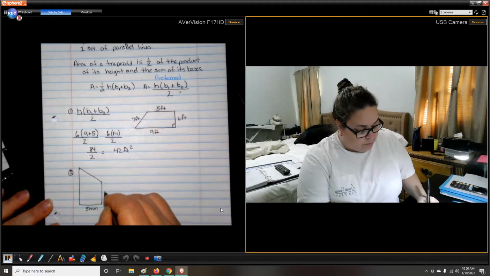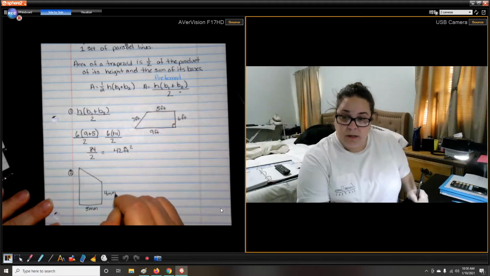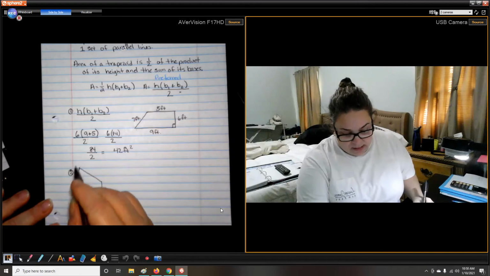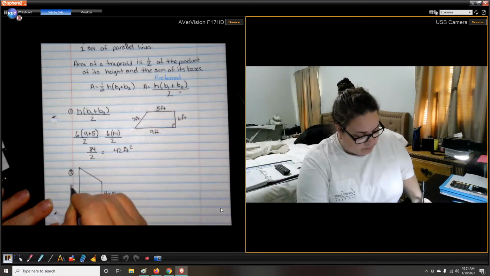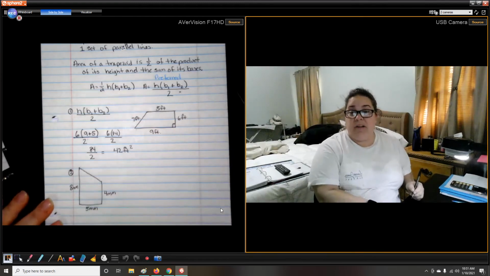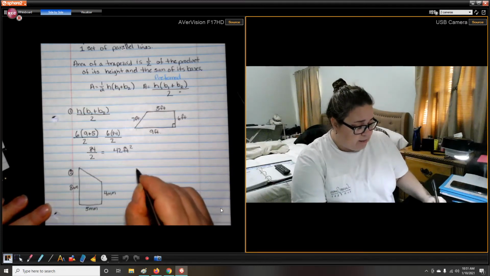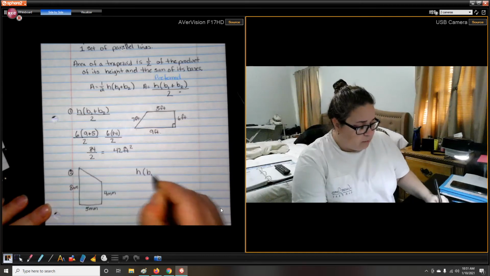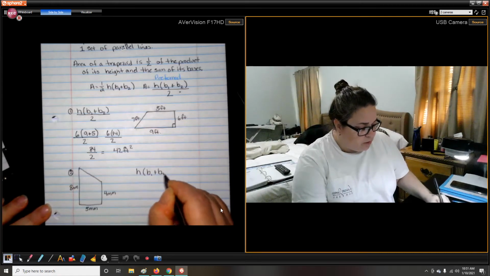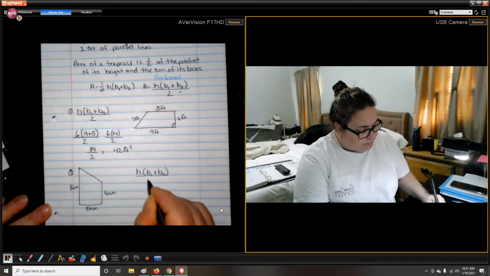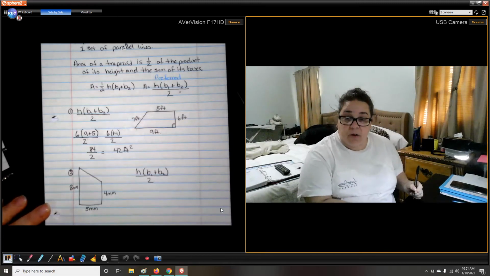This is 4 millimeters. And this is 8 millimeters. All right, remember, first thing we do is write our formula. Height times base 1 plus base 2 divided by 2. Now we fill in our formula.